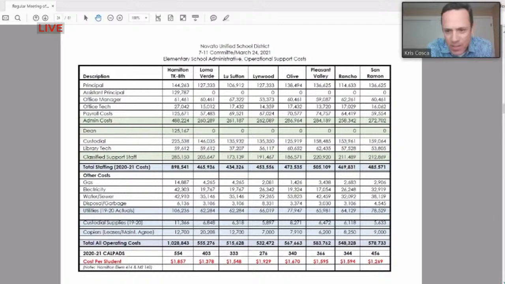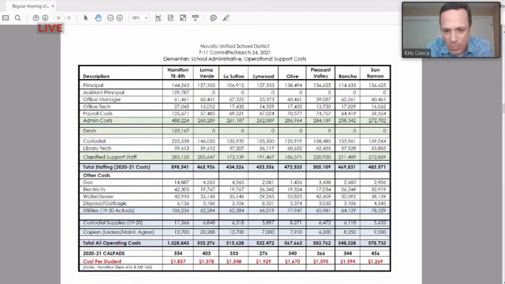Yeah. Well, look at Linwood and San Ramon. Granted, Linwood has two programs on their campus, but neither of them is particularly more expensive than a traditional program. Dual immersion is not more expensive to run. It really comes down to scale.